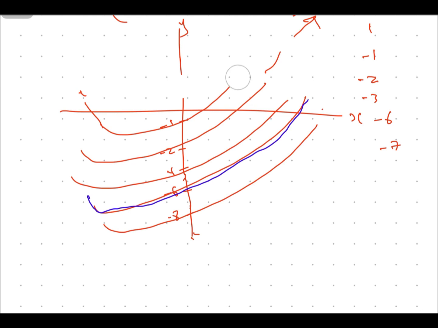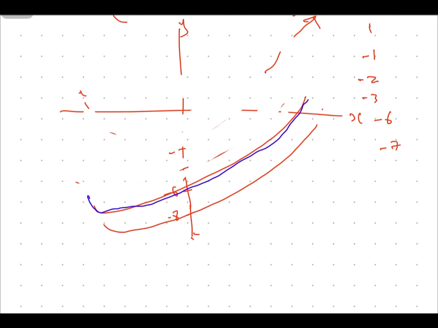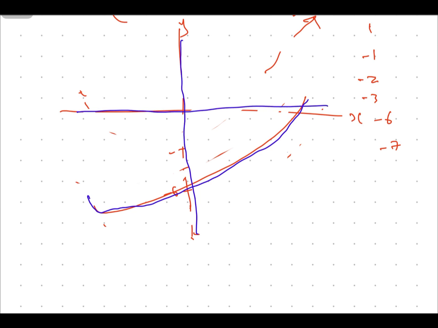Therefore, these other ones will not be there anymore. And then finally, you have your specific solution with this function. So that is the difference between the general solution and the specific or particular solution for the function.